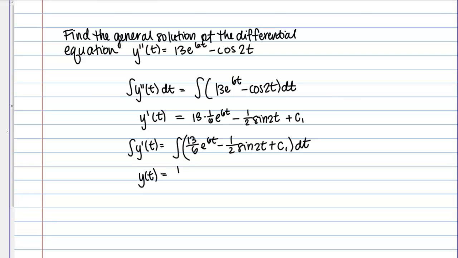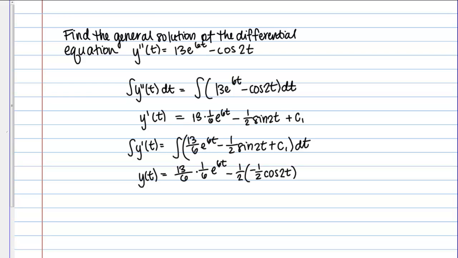So the 13/6 is going to stay around, but I'm going to get another factor of 1/6 when I integrate e to the 6t. So 1/6 e to the 6t again, minus, so my 1/2 stays, but when I integrate sine, I should get negative cosine, and also another factor of 1/2, so negative 1/2 cosine of 2t.